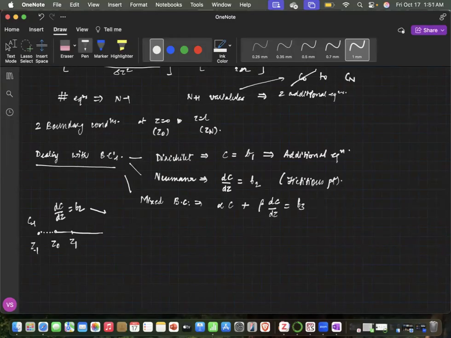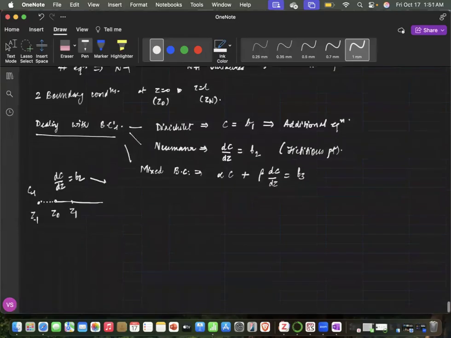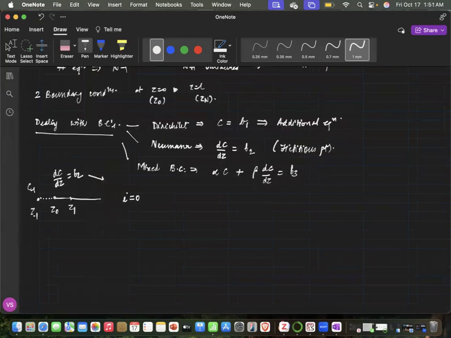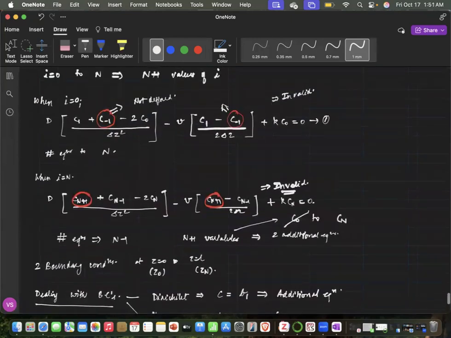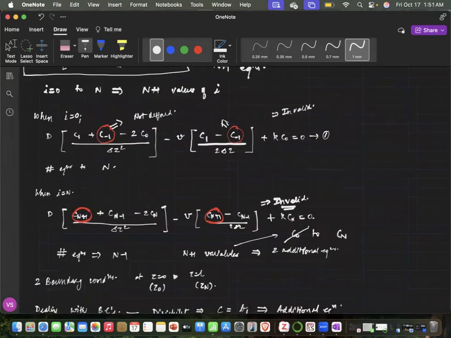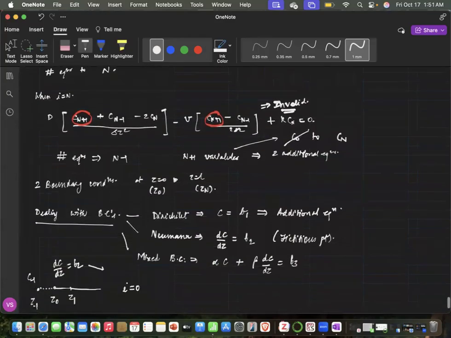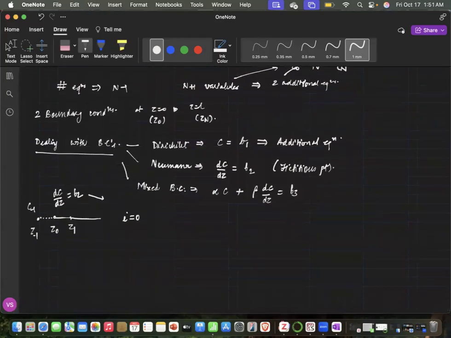Now, this adds an additional variable, but that additional variable also gives you an additional equation, at i equals 0. You could write an equation for i equals 0, which earlier was invalid because C minus 1 was not defined.